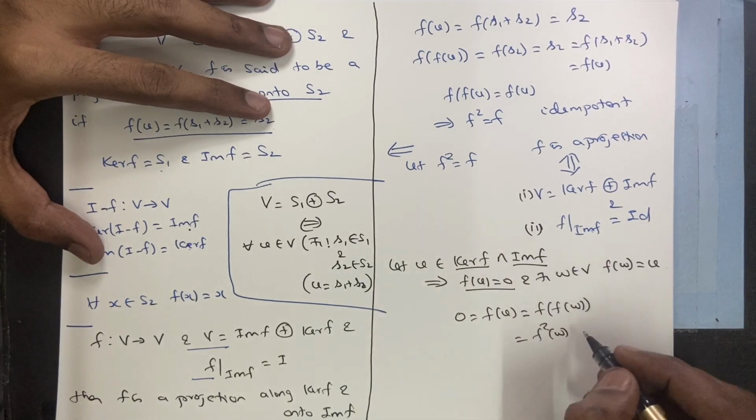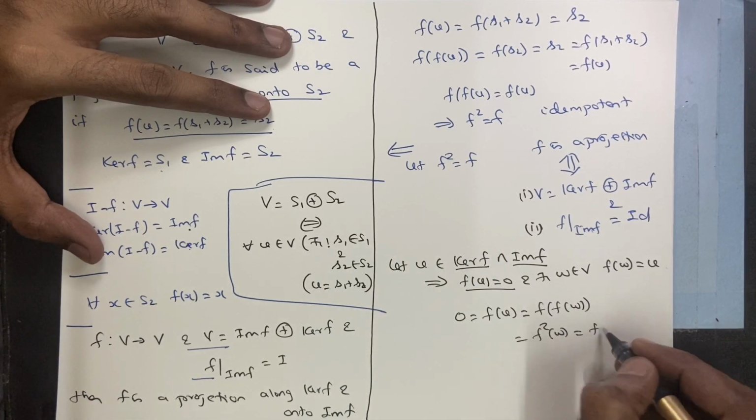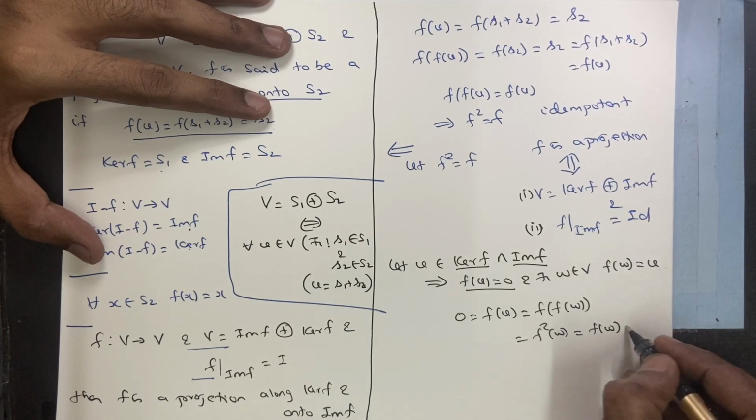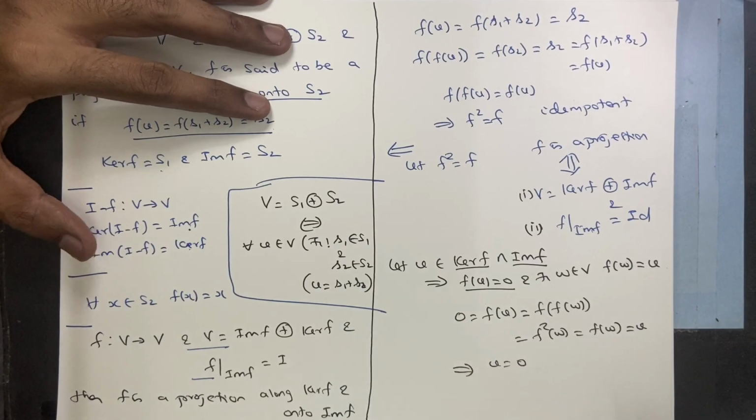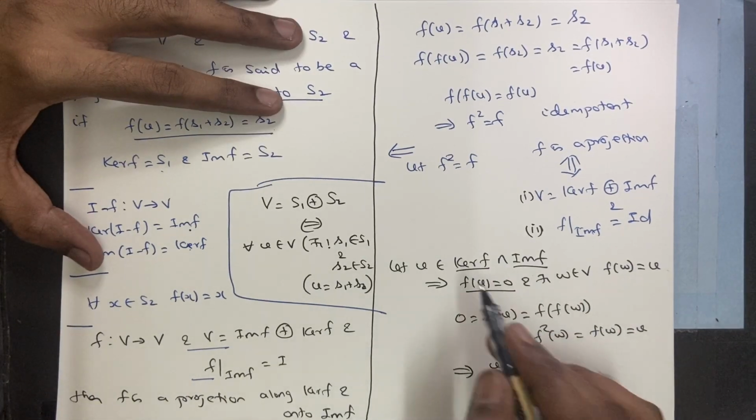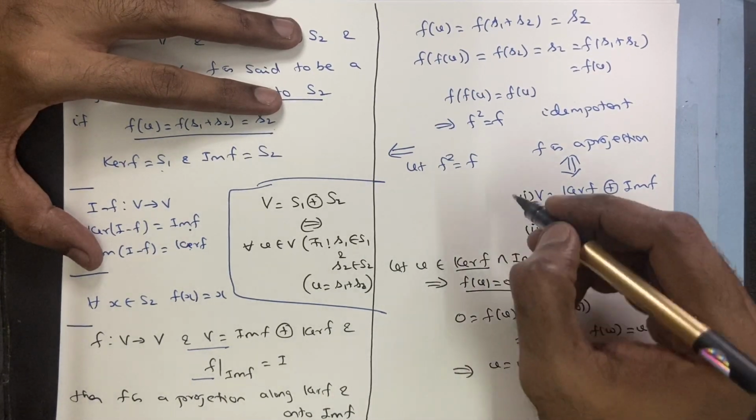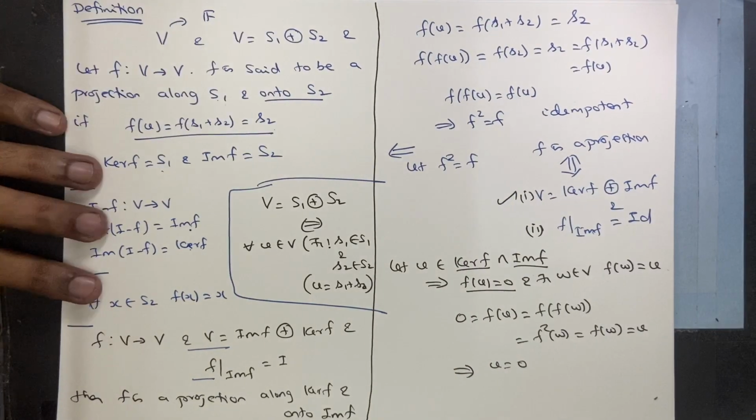Since f squared is f, this is f of w, which is v. Therefore we have shown that v is equal to 0, and so V is the direct sum of the kernel of f and the image of f.